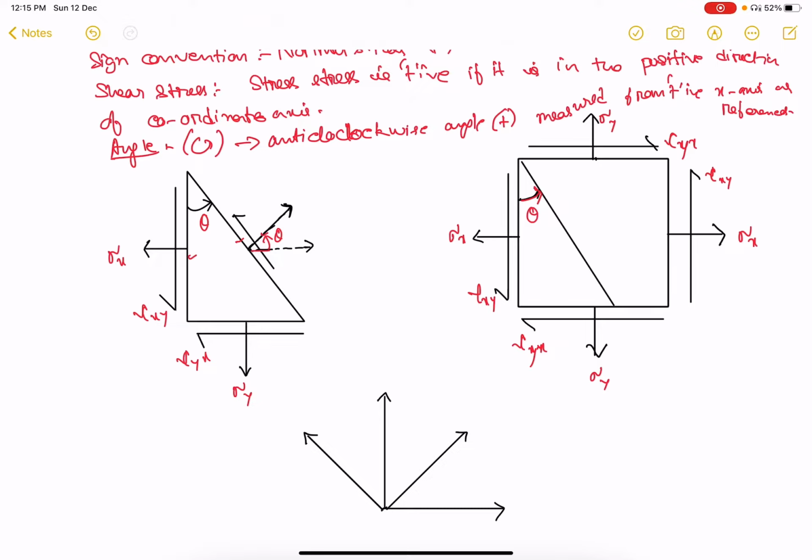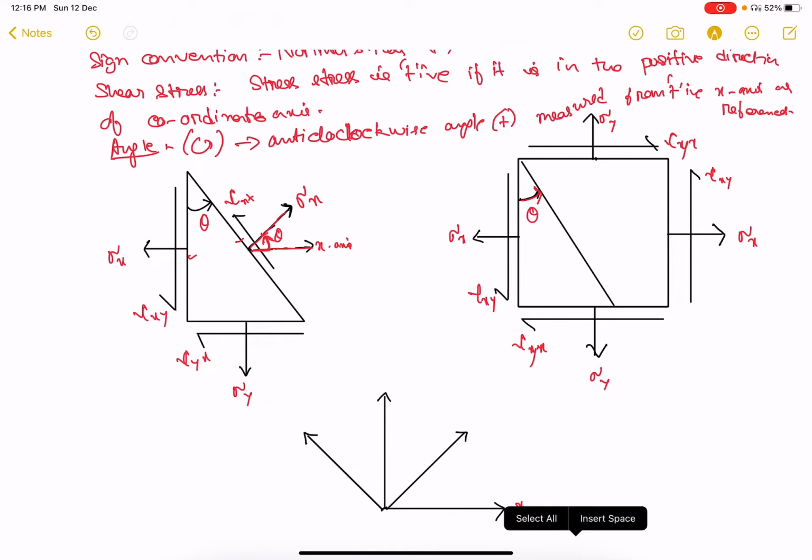So this angle is measured positive, anti-clockwise, from the positive x axis as reference. So it will be sigma n, the normal stress on an arbitrary plane, and tau nt along the t coordinate axis.